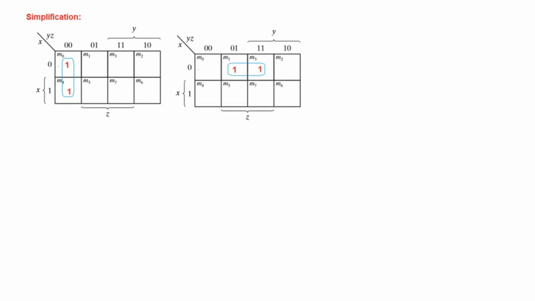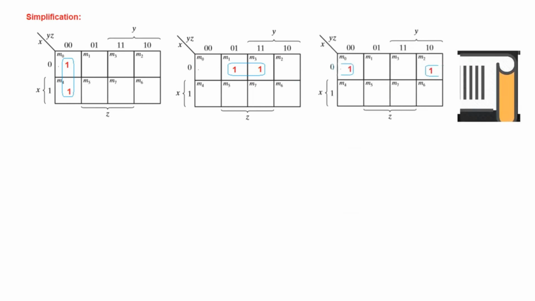Okay, now let me explain some of the methods of simplification. If you have two which can be shared, then this we will share like this. These two can also be shared. That is the effort of minimizing, that as much as you can share, but it has to be either 2 or 4 or 8. Now here you see this one is here and this is on the extreme right, but it is just like folding a paper.